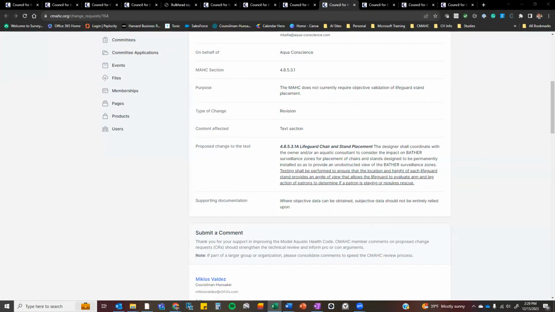As for the pros and benefits of the CR and the thought process of the TSC, they had concerns with the significant need for additional guards to maintain a defined angle of supervision. They did not feel that watching arm and leg movement was meeting the needs of current patron surveillance training. They were not in support of the CR.